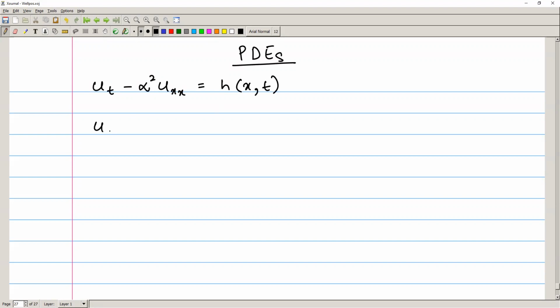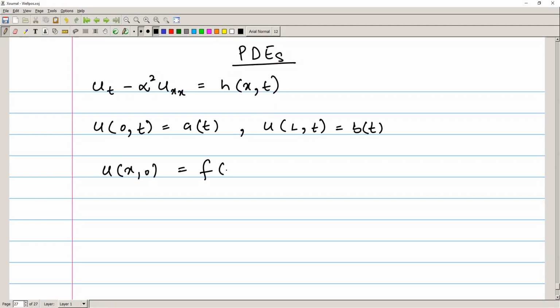So with the non-homogeneous boundary conditions, or we can say the time-dependent boundary conditions, like this, u(0, t) = A(t) and u(L, t) = B(t). All right, and u(x, 0) is some function of x.